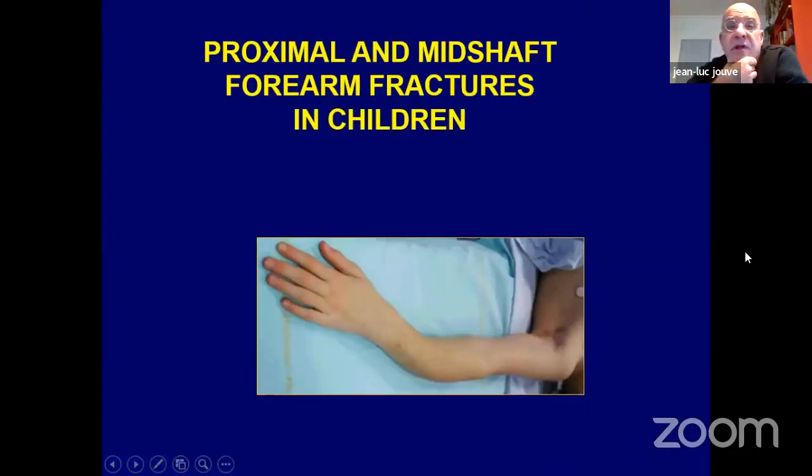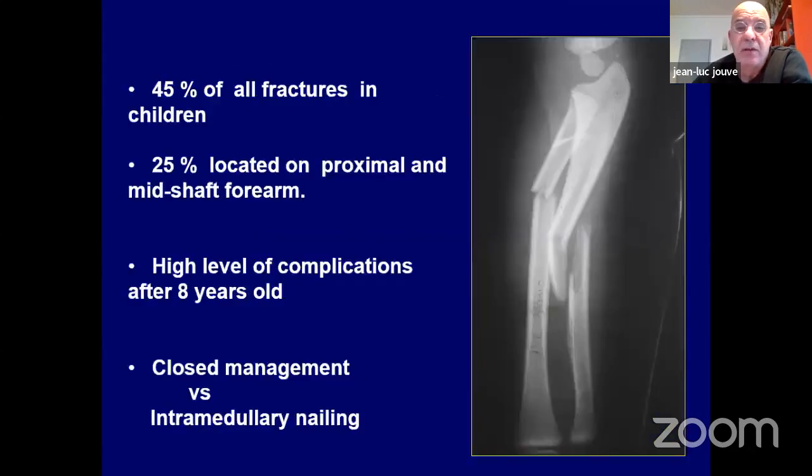Now, proximal and midshaft forearm fracture. It is very classic. You have seen a lot of fractures like this one, and sometimes very spectacular fractures with a high displacement. And the treatment is very important to understand.